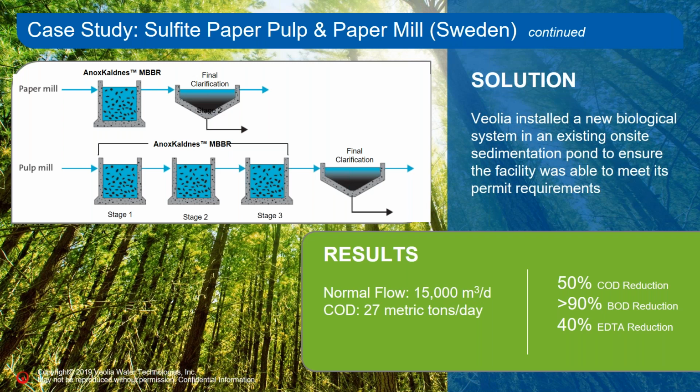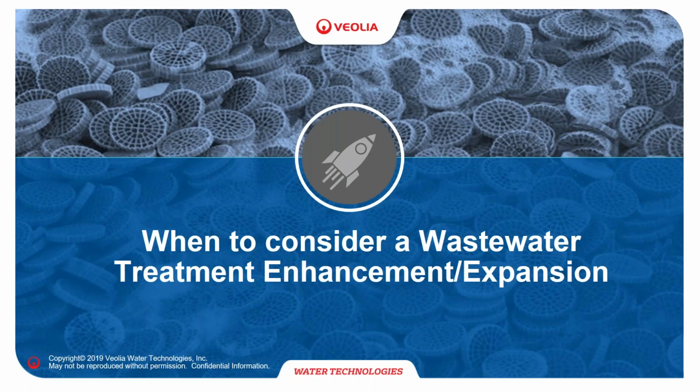It's just going from the first to the second, and second to the third reactor, and then to the final clarification. While the paper mill needed only 1 reactor before going to final clarification. And this was to remove almost all BOD, some of the EDTA, which is a more slowly biodegradable compound, and about 50% COD reduction. So by this, the mill has met their discharge limit for a long time.